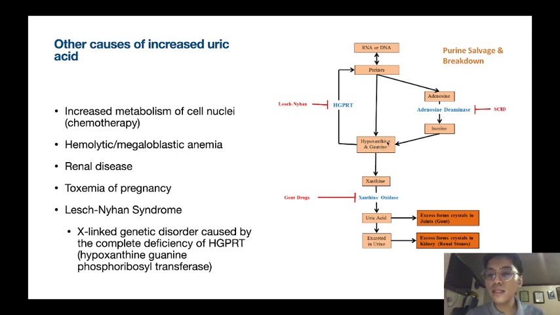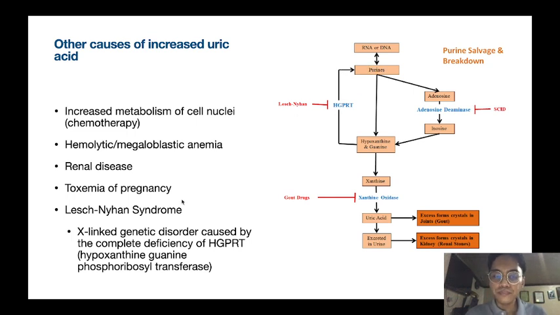So, itong hypoxanthine and guanine, this will become salvaged by HGPRT to become purines para gagawin siya ulit na DNA and RNA. So, 'di ba, ang HGPRT, that will decrease the uric acid kasi imbes na pupunta siya dito sa baba to become uric acid, ang hypoxanthine and guanine, that will be salvaged by HGPRT to become purines again.